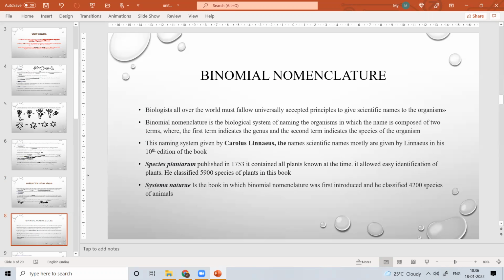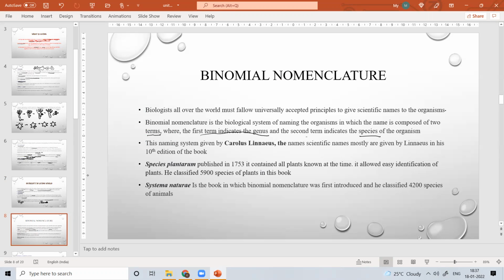So basically, binomial nomenclature is the biological system of naming organisms in which the name is composed of two terms. Whatever scientific name you take, it must have two components. The first term indicates the genus, and the second term indicates the species.